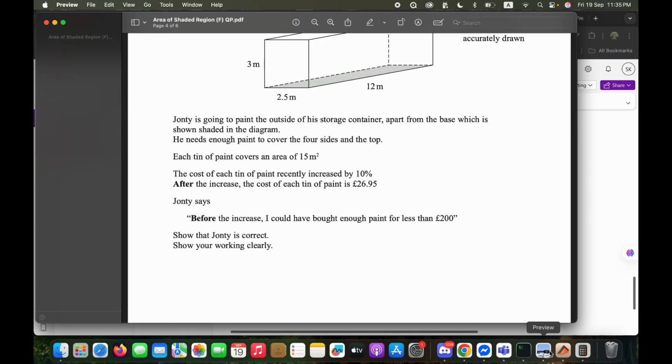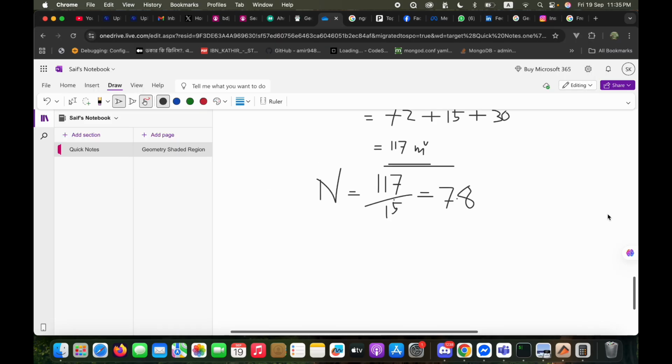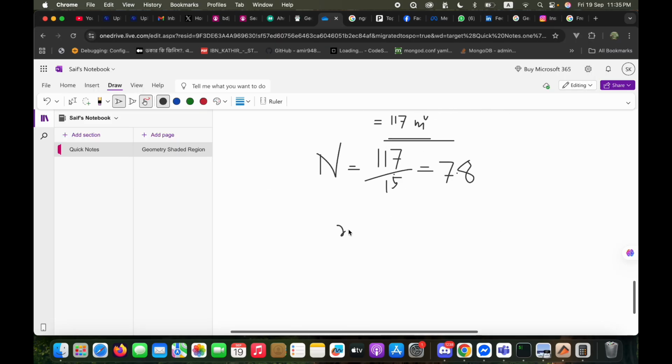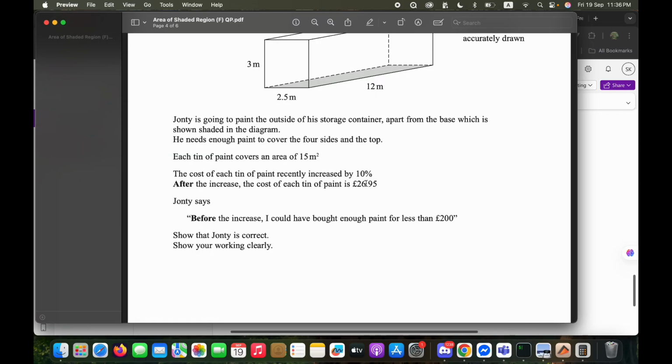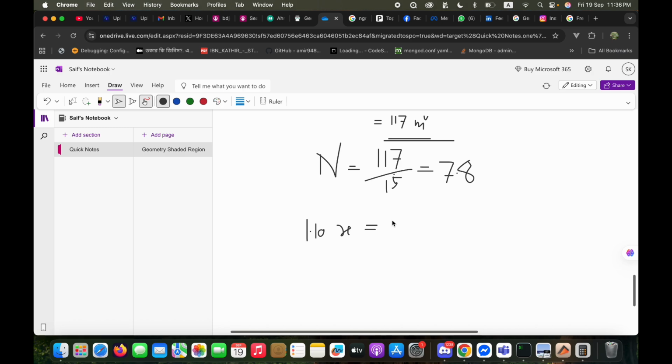Going back to the problem, the cost of each paint increased by 10%. Let's assume the cost of each tin of paint is X. The 10% increase, or 1.10 of X, is 26.95.